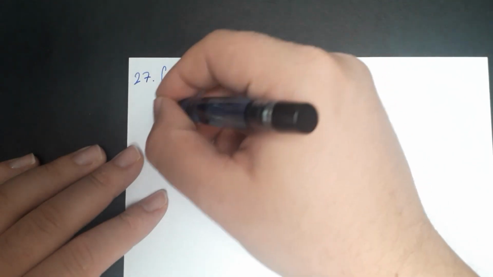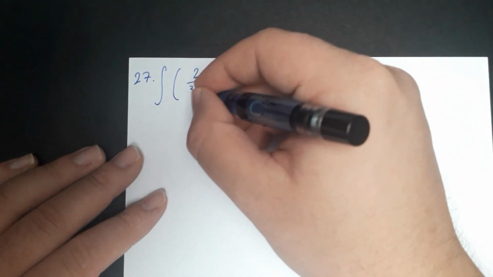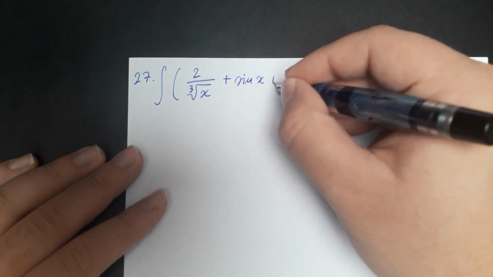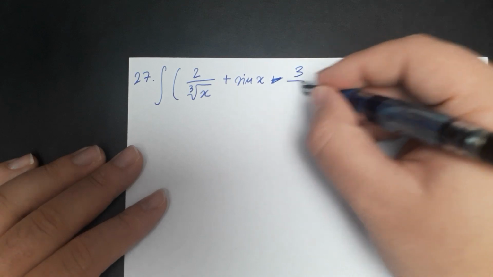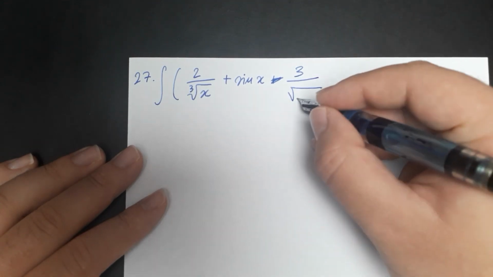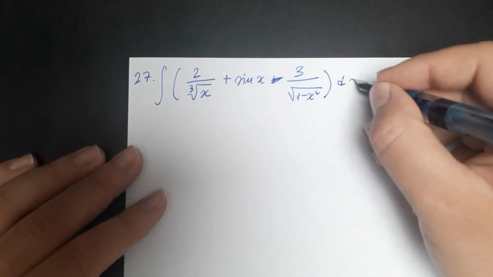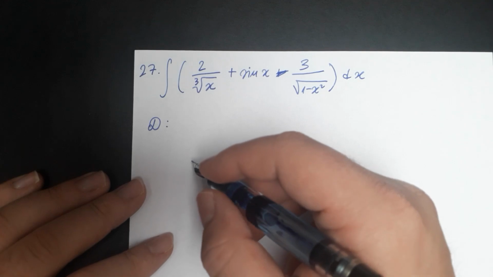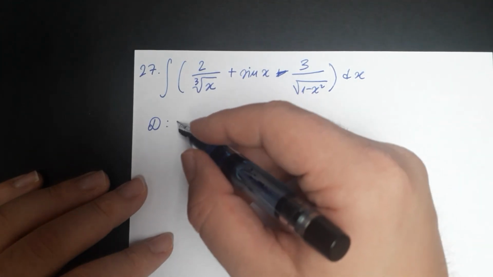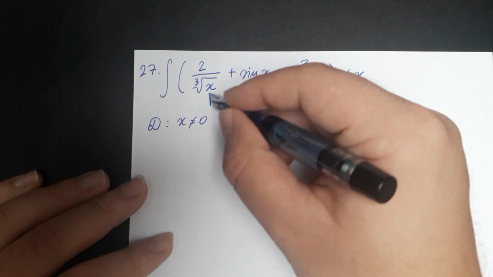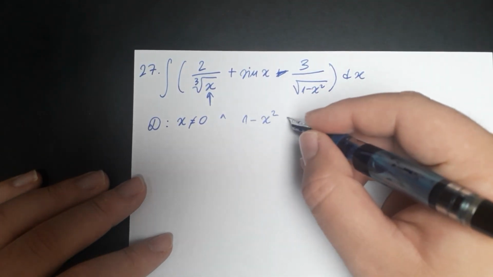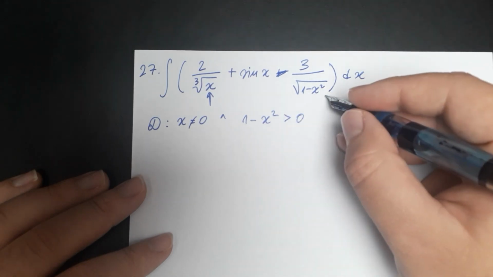Integral number 27 on our list is the integral of 2 divided by the cubic root of x, plus sine of x, minus 3 divided by the square root of 1 minus x squared, dx. Now, the area in which this integral is defined: first, x has to be different than 0 because we have this division right here, and 1 minus x squared has to be larger than 0.